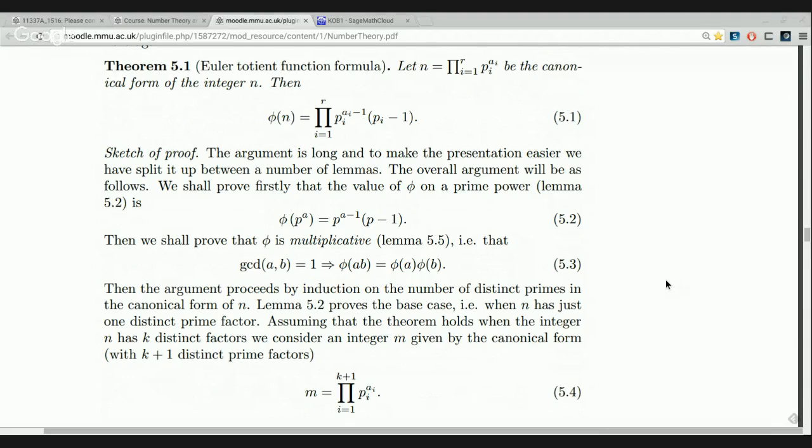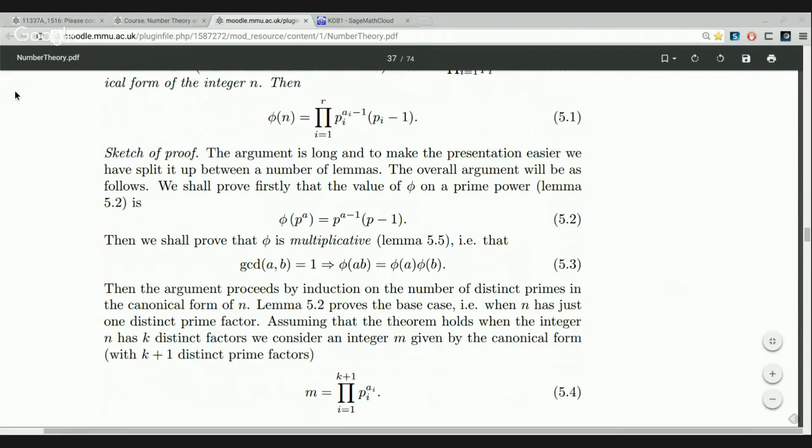Now, I spell out the argument there, but I maybe present it a slightly different way on the pen and paper here, just for variety.